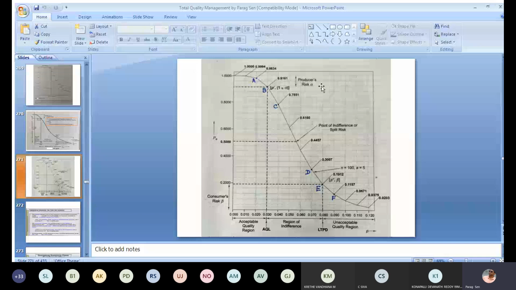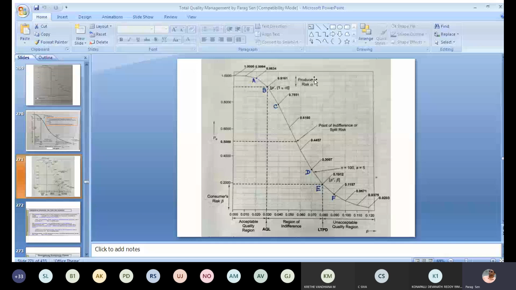Your answer will be this much. You should know the coordinate of the point B. Here in this picture, the coordinate of the B point is 0.03, 0.9161. So if you subtract it, 1 minus 0.9161, this will be your producer's risk.